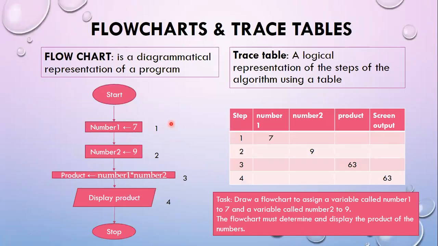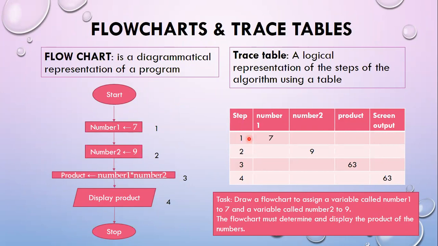So what you will see is, if I go back to the previous slide, if we get to a loop, now a loop is when a part of the code is going to be repeating until it gets a desired result. So sometimes your trace table might go 1, 2, 3, 1, 2, 1, 2, 1, 2, 1, 2, 1, 2, 3, then on to 4. Okay, so you will see it's not just going to count 1 to 10.